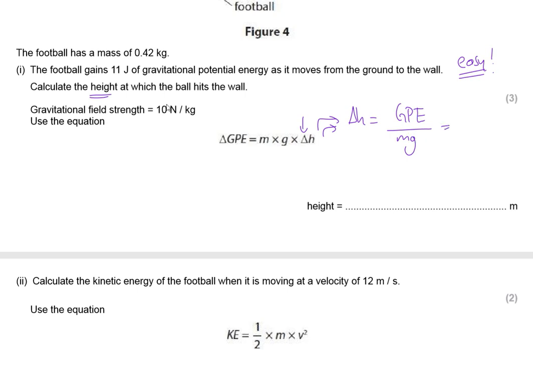Now GPE we know it's 11. The mass we know is 0.2. And gravity we know it's 10. So we just use this and get 2.6. Here we go, nice and easy.